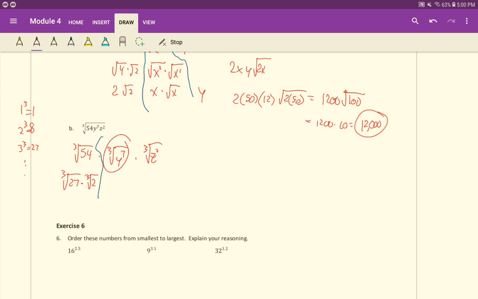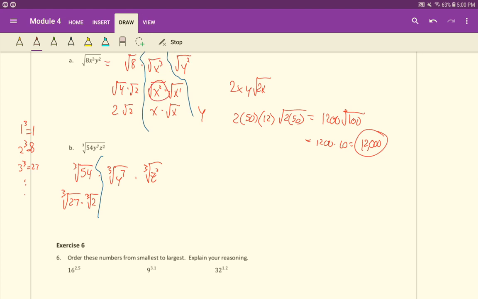For the cube root of y to the 7th, we no longer want to make perfect squares like we did up here when we had square roots. We want perfect cubes from this. So we can make a y to the third, another y to the third, that's 6 now, right? And then we'll be left with a cube root of just y.